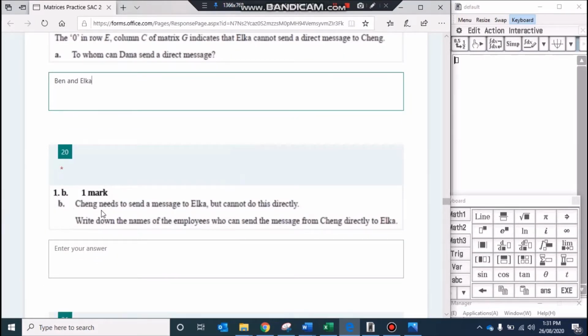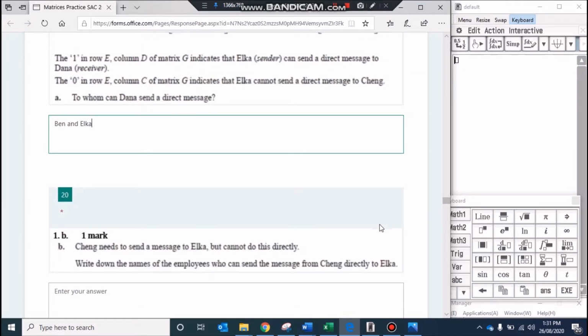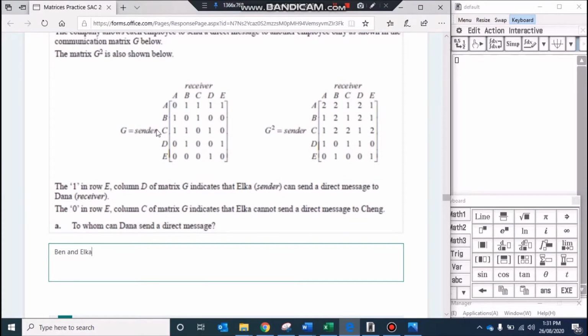1B says, Cheng needs to send a message to Alka, but can't do this directly. So write down the names of the employees who can send a message from Cheng directly to Alka. So we want to go from Cheng to Alka. So let's look here.